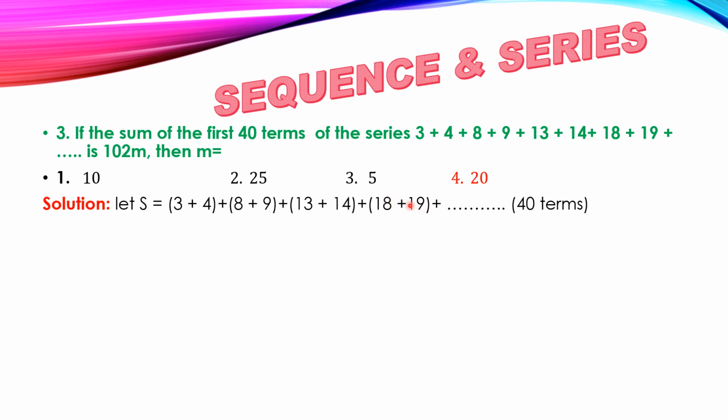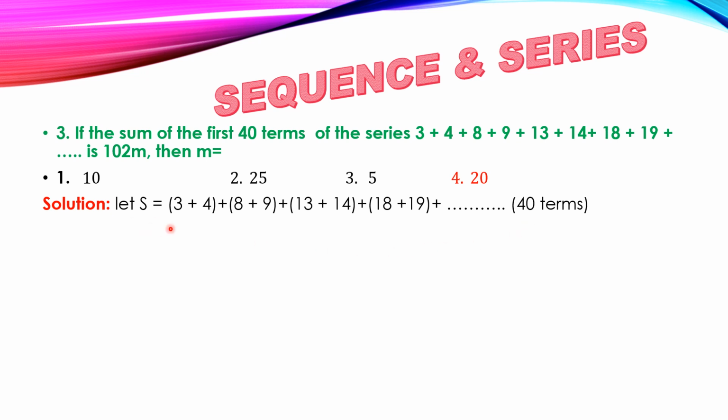Now in this, the total terms are 40 terms, already given. 3 plus 4 is one pair, 8 plus 9 is one pair, 13 plus 14 is one pair, 18 plus 19 is one pair, and similarly the remaining terms are also pairs in these 40 terms.